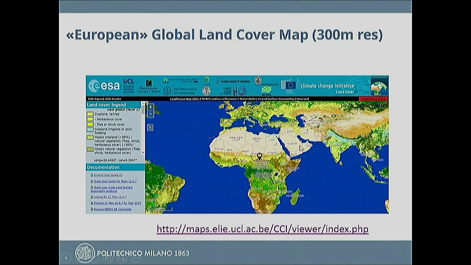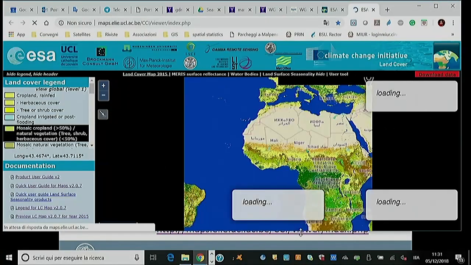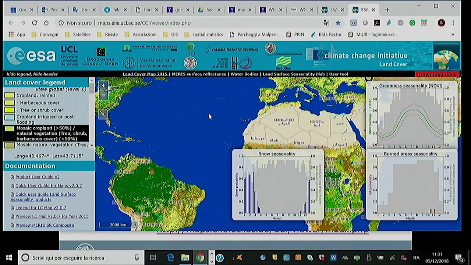You can see here the website where you have all the pieces of information about this product, and specifically you see that it is provided through this WebGIS. I have to add nothing about WebGIS because you know now what the technologies of WebGIS are. So you can understand also what is behind this WebGIS.